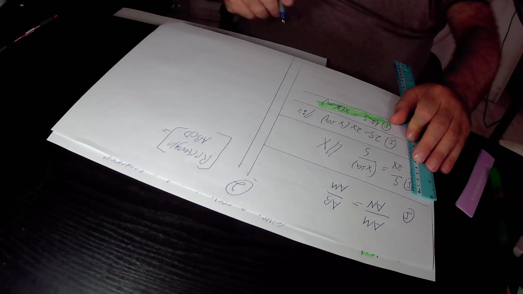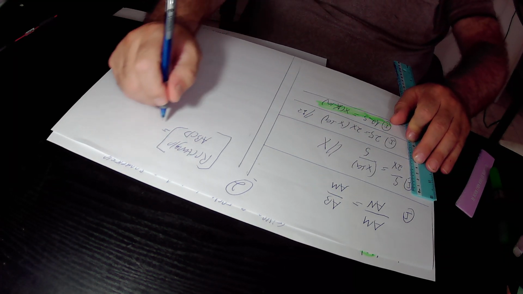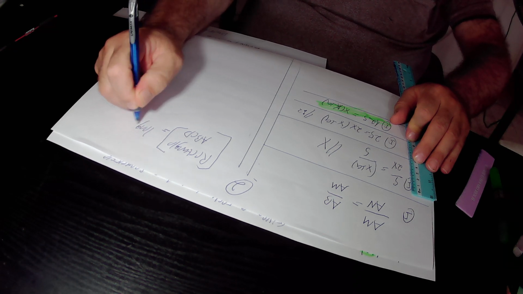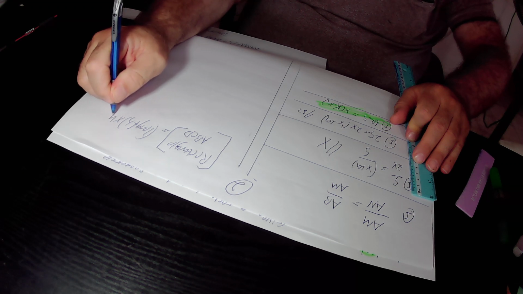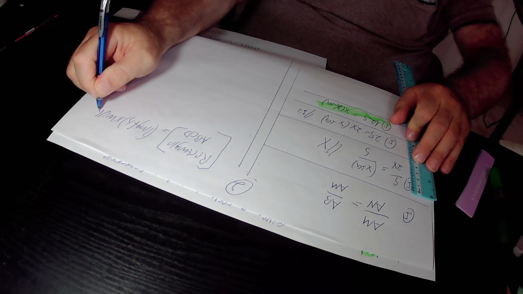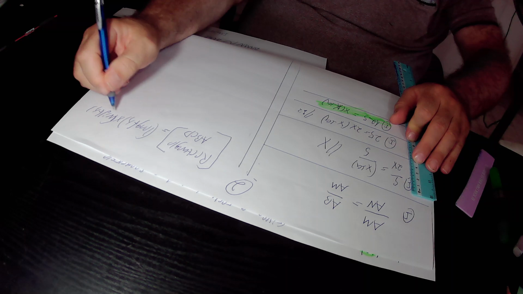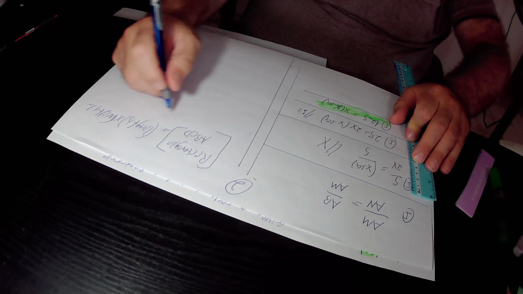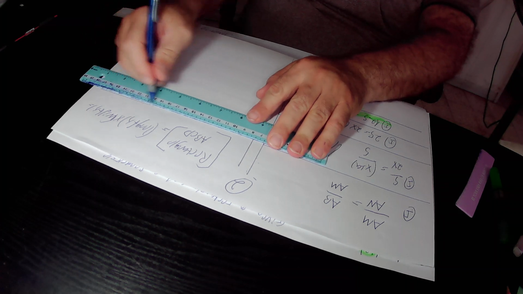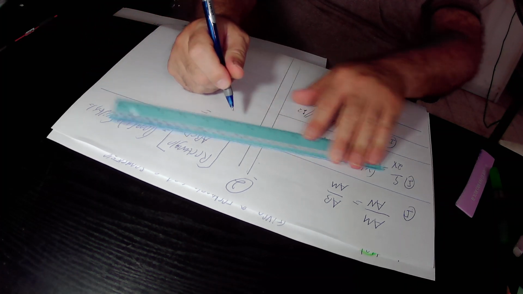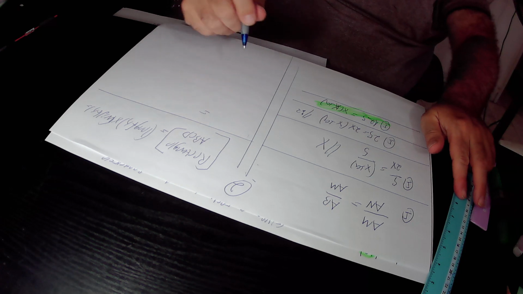We know that the area of any rectangle equals the length of the rectangle times the width. Therefore, the area of our rectangle ABCD must be equal to the length of rectangle ABCD times the width of rectangle ABCD.